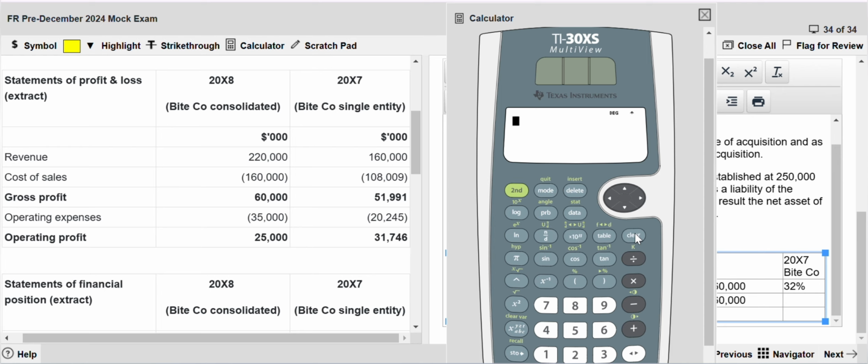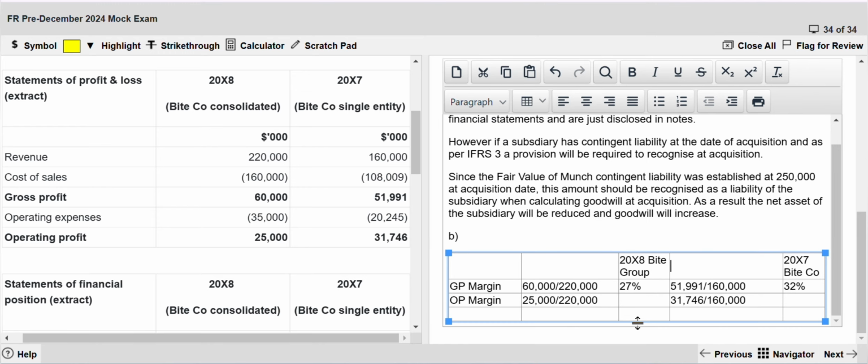And then 31,746 divided by 160,000 is 20 percent. So 11 percent and 20 percent, correct?